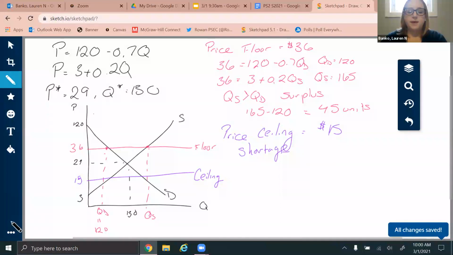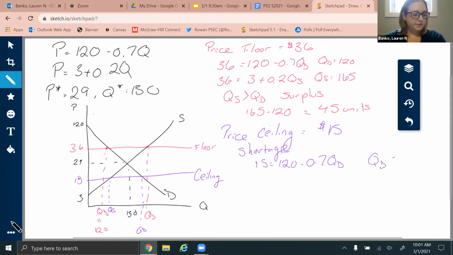We would do the same thing. Now quantity supplied, though, should be less, and quantity demanded should be on the higher end. I'll just start with demand since it's the first one, 20 minus 0.7 QD. And going through the algebra, should get quantity demanded as 150.